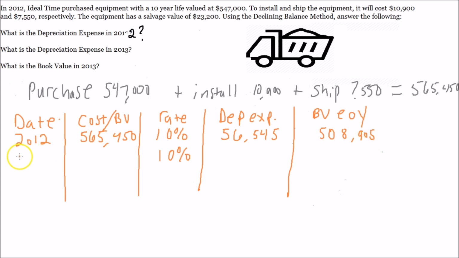Next year, 2013. Well, the cool thing here is that the book value at the end of the previous year, so 2012, is going to be your book value at the beginning of the next year. So we just move that number down. That's it. Multiply that times 10%.